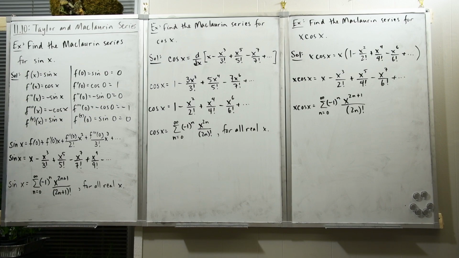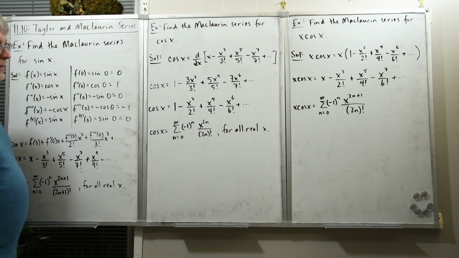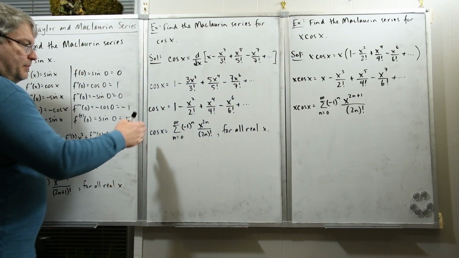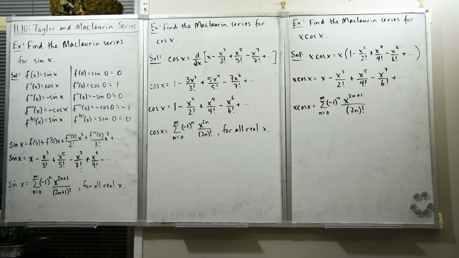So it's kind of neat that we're able to figure out the Maclaurin series relatively easily for x cosine x, based on the fact that we figured out the Maclaurin series for cosine x, which in turn was based on the Maclaurin series for sine x that we established.